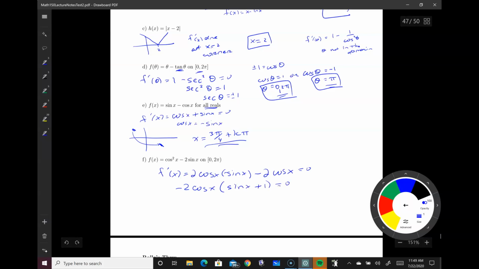So now I have cosine of x equaling 0 and sine of x equaling negative 1. If you had divided through by cosine, you would have lost these answers. So cosine is 0. Again, we're back to 0 to 2 pi. So this will happen at pi over 2 and 3 pi over 2, and this will happen at 3 pi over 2. So these two values alone.